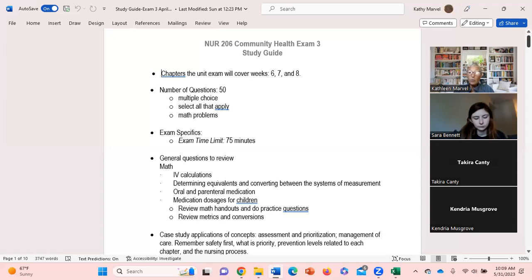And then also make sure that you can identify a question as positively asked or negatively asked. Somebody give me an example of a negatively asked question. What's the difference between a positive and a negative question? So here's an example of a negatively asked question.